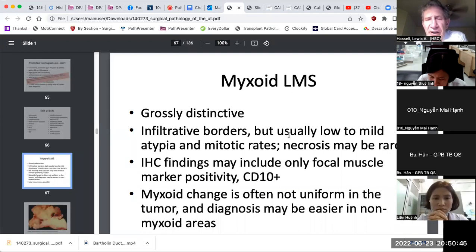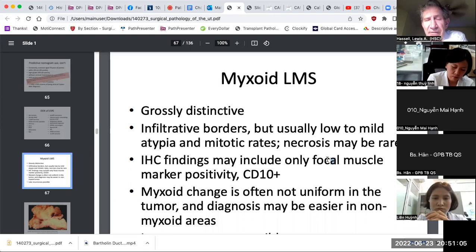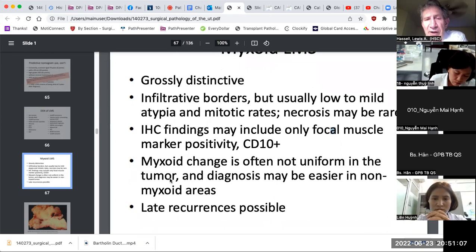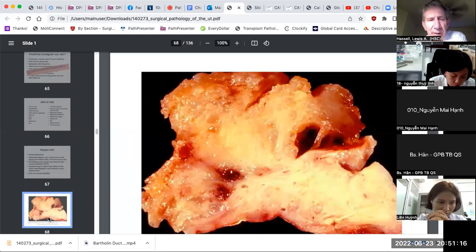Because of the lower cellularity and so forth, you can call this a sarcoma with a lower mitotic rate than you would usually use for conventional leiomyosarcoma. Additionally, necrosis may not be very prominent. The myxoid changes can be somewhat patchy in this tumor, and as we've indicated, late recurrences are possible.